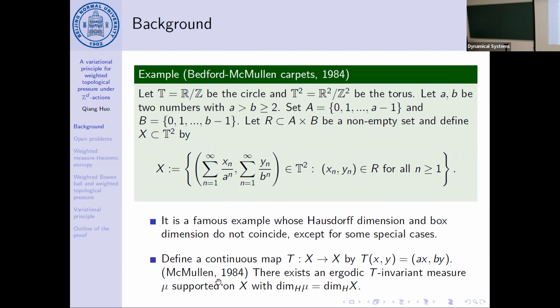And McMullen proved that there exists an ergodic invariant measure supported on the carpet such that the Hausdorff dimension of this measure equals the Hausdorff dimension of the carpet. This is proved by McMullen.